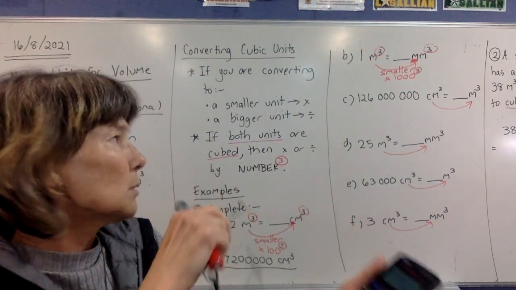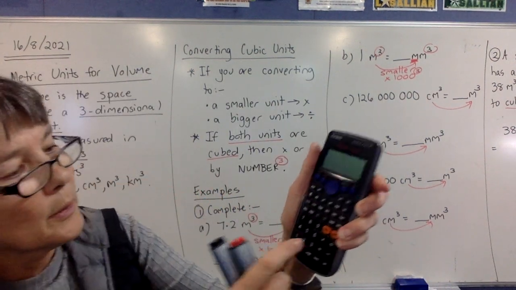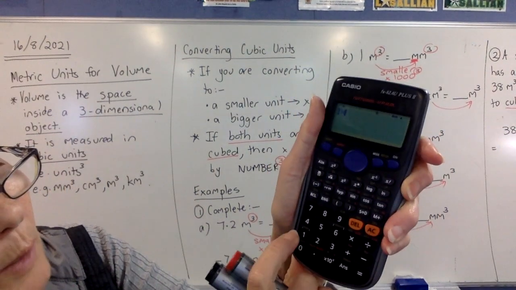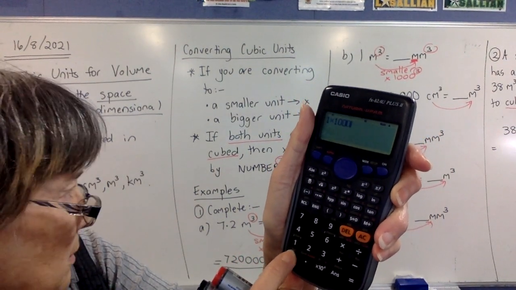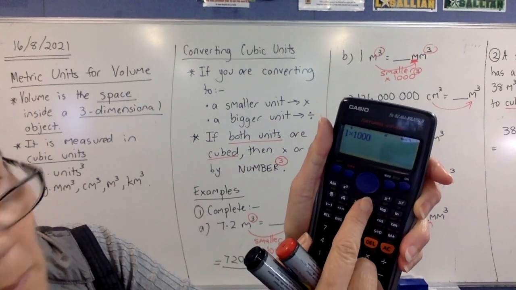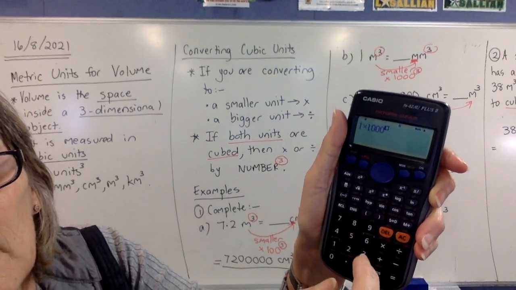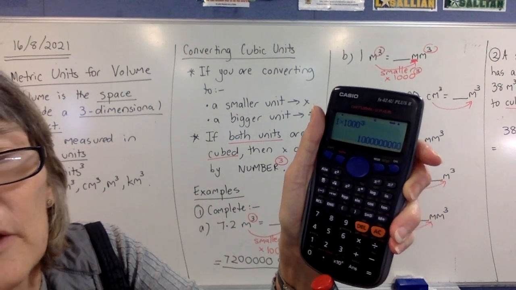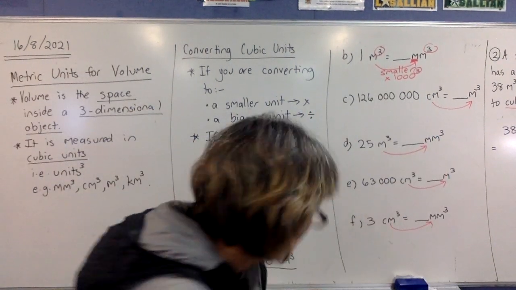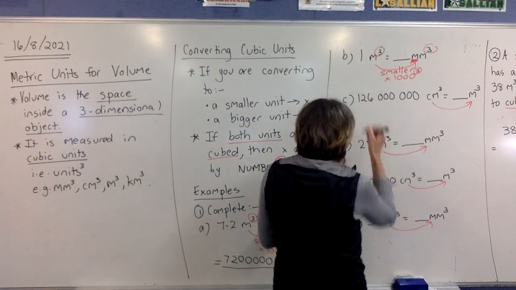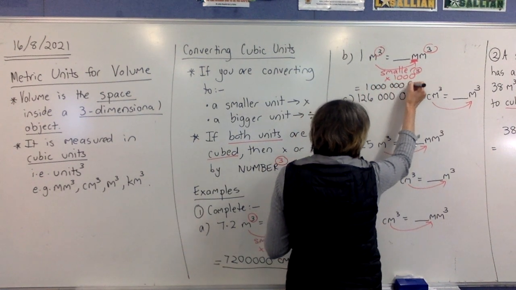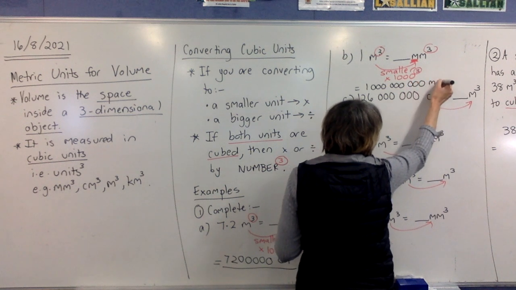So this is what I do. I press 1 times 1,000 to the power of, remember next to the squared key, and then 3 equals, and that's your answer. Looks like this. Millimetres cubed.